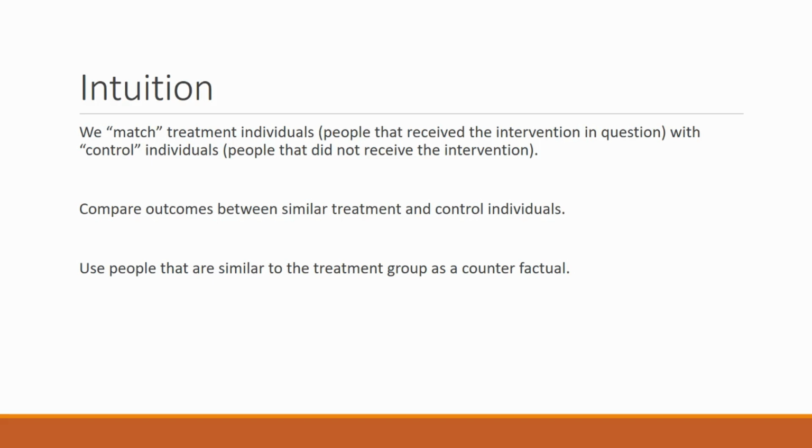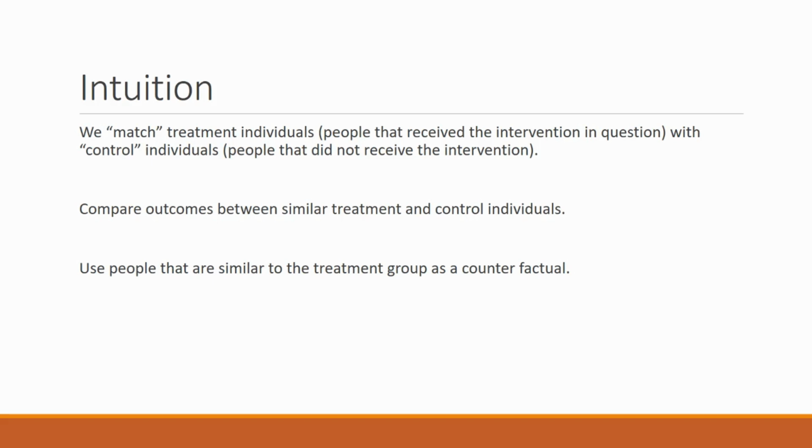That means my treatment group, the group of people that own textbooks, and my control group, the group of people that do not own textbooks, are not going to be the same on average. We're not going to have that statistical independence. So instead, we're going to match people from the treatment group to the control group.